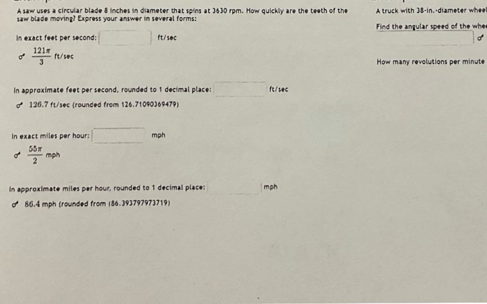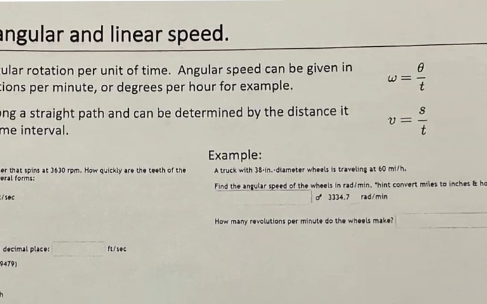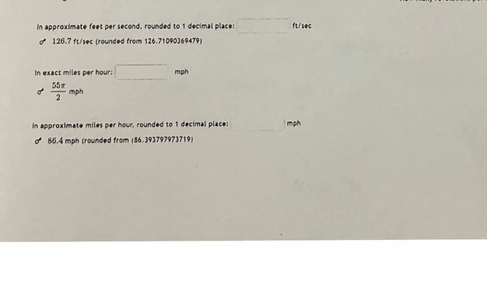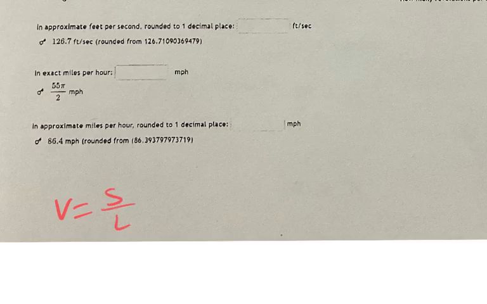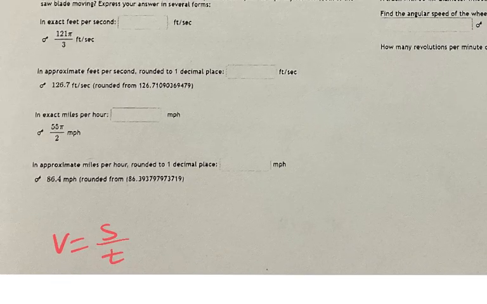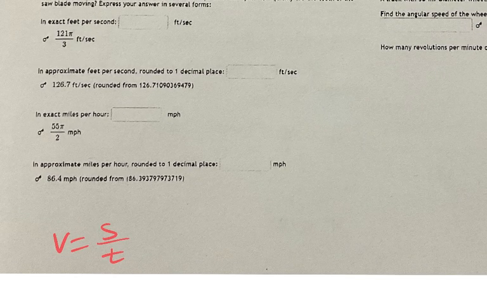So we're looking for the actual speed. This would be the second formula, linear speed. I want to use the same letters they do. They use V. V equals S over T. But S is the same thing as the arc length, right?